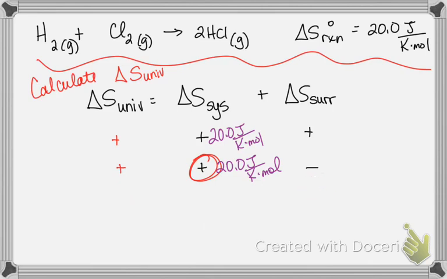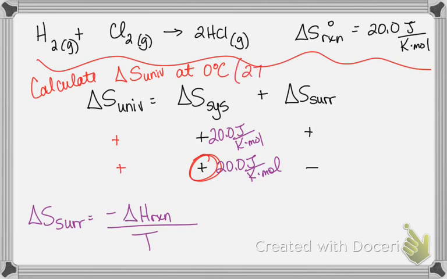To calculate the delta S of the surroundings, we are going to use this formula, and we're going to do this calculation at 0 degrees Celsius, which would be 273 Kelvin.